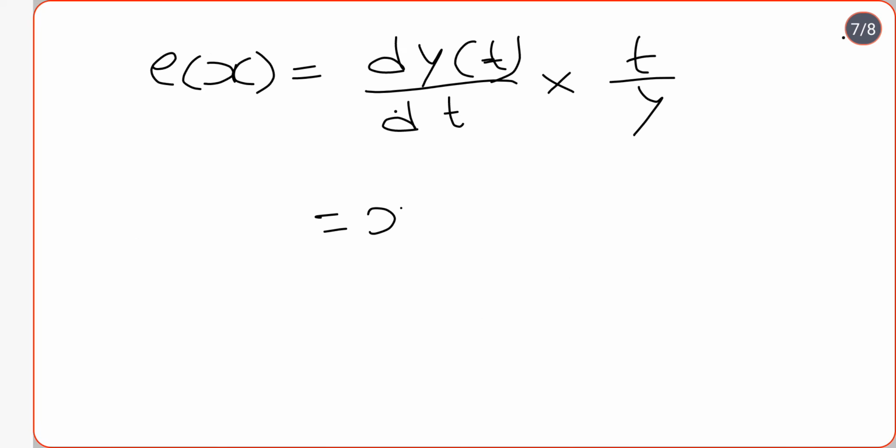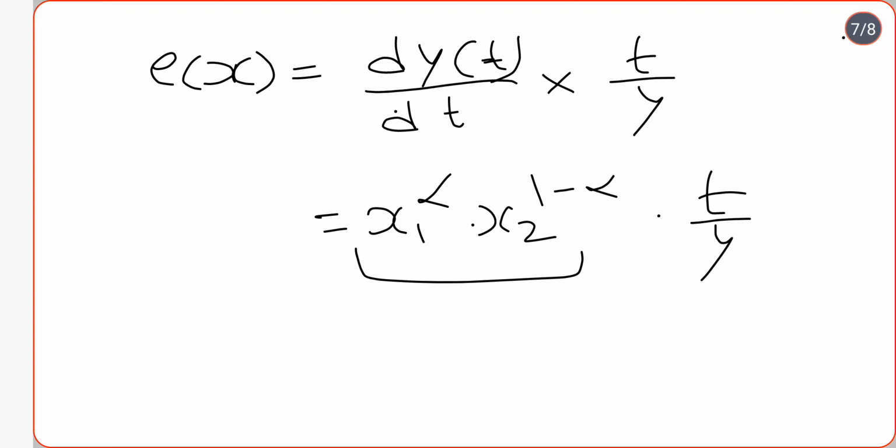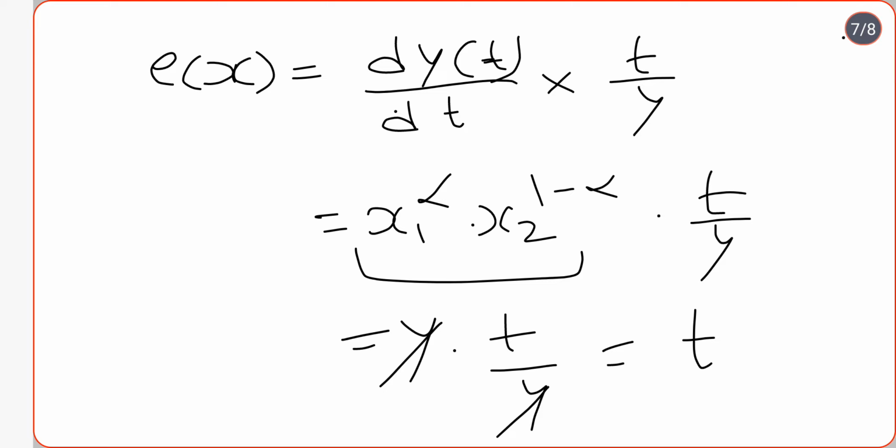So x1 to the power alpha into x2 to the power 1 minus alpha into t by y. This is basically our y, because the function was given as y is equal to x1 to the power alpha into x2 to the power 1 minus alpha. We will write it as y into t by y, and y will cancel. So we are getting the value of t only.